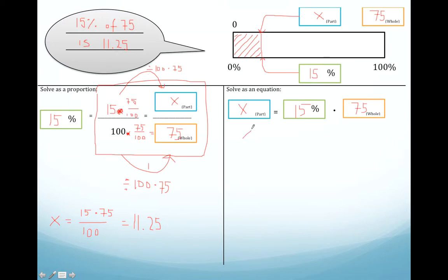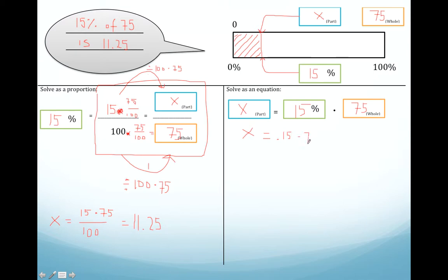X equals, I can rewrite 15% as 15 over 100 or as 0.15. 15 over 100 is 1/10 and 5/100.